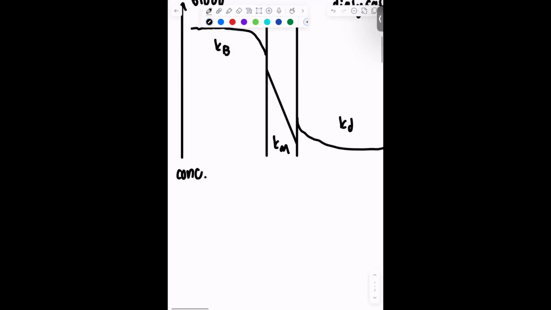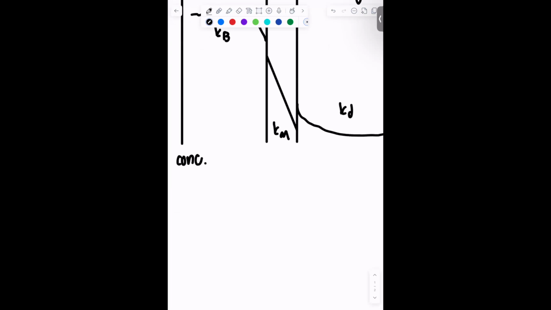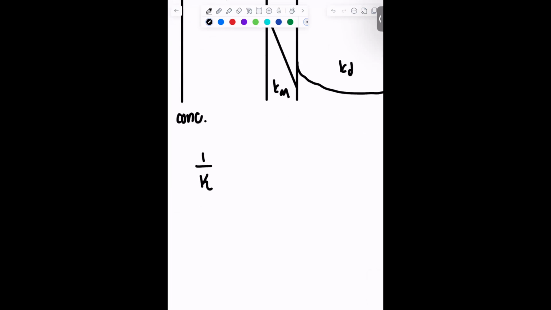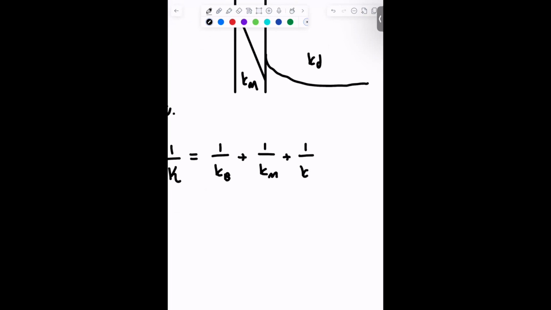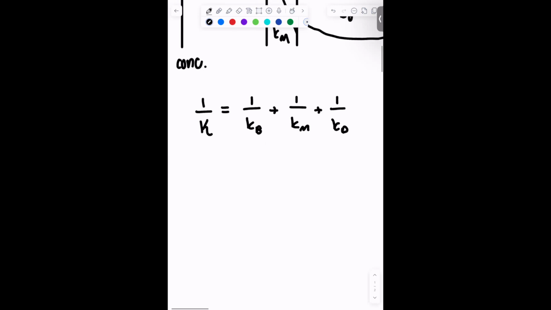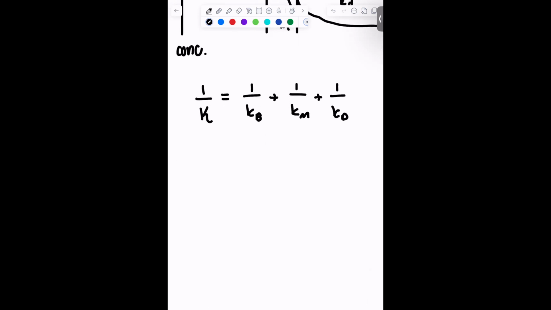To get the overall mass transfer coefficient, we have 1 over K, which will be the overall mass transfer coefficient, and that's going to equal 1 over Kb plus 1 over Km plus 1 over Kd. So with the overall mass transfer coefficient, we can then determine the efficiency of the dialyzer.